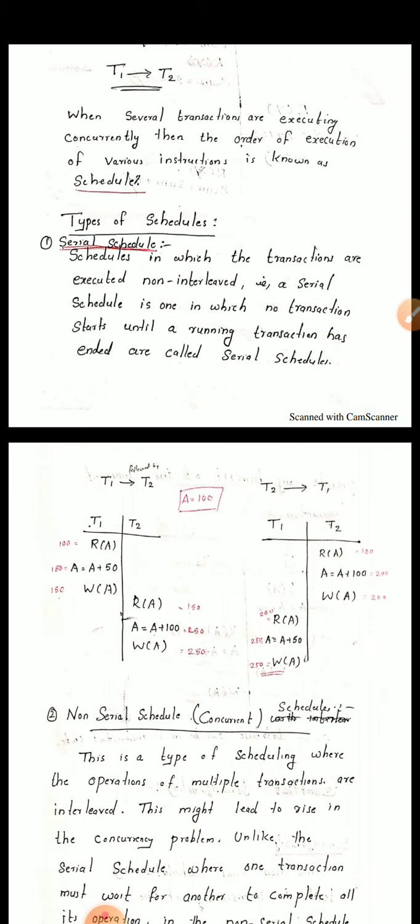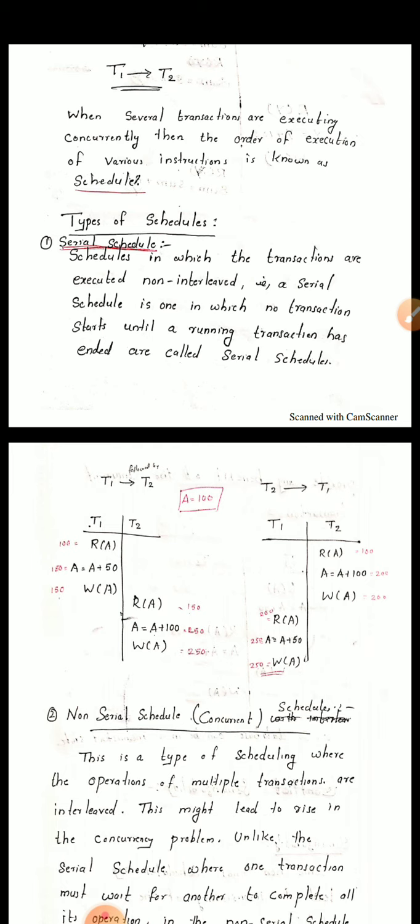For example, T1 followed by T2. In the database the A value is 100, it reads the data value as 100 and then updates it with 50. Now the value of A is 150 and it writes that into the database.